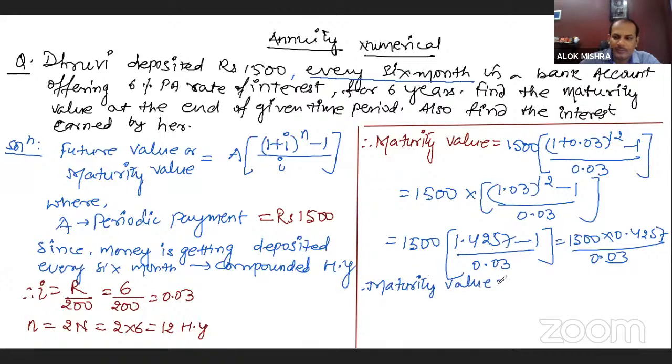So what is the maturity value? Finally, the answer. I'm getting the answer as rupees 21288. So I'm writing approximately equal to rupees 21288.